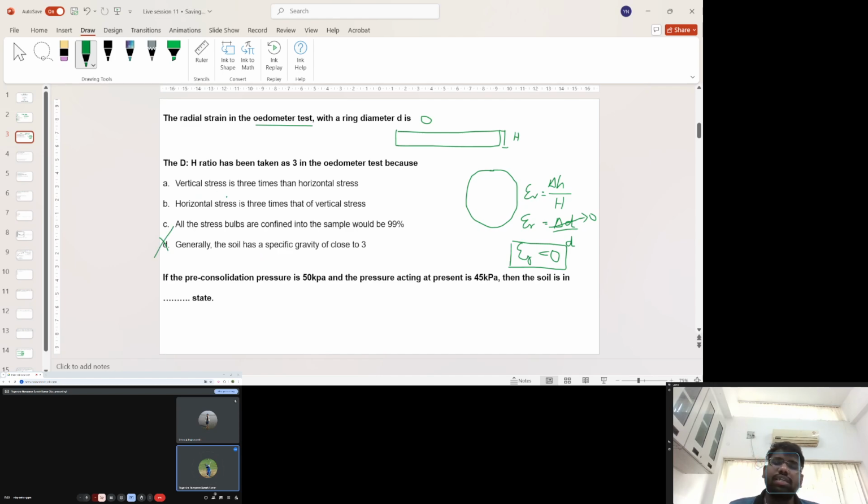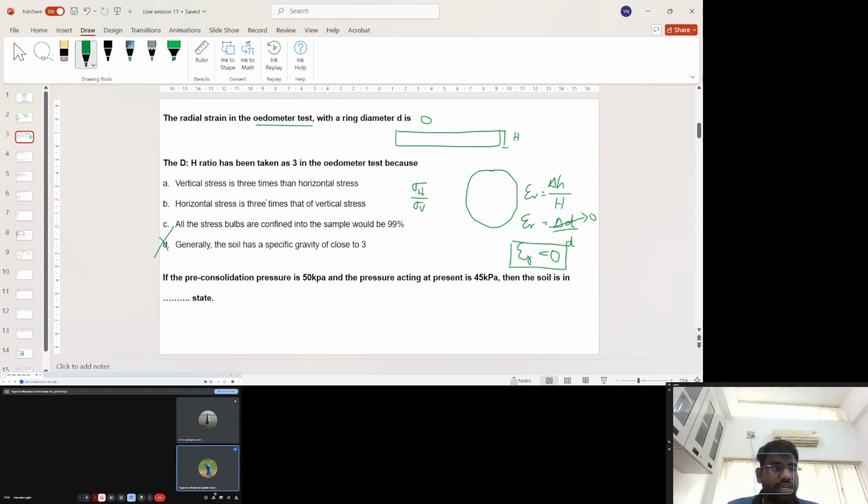Next, vertical stress is 3 times the horizontal stress. The horizontal stresses depend on the ratio of sigma h to sigma v. Sigma h will always be less than sigma v, and it does not essentially follow this ratio.